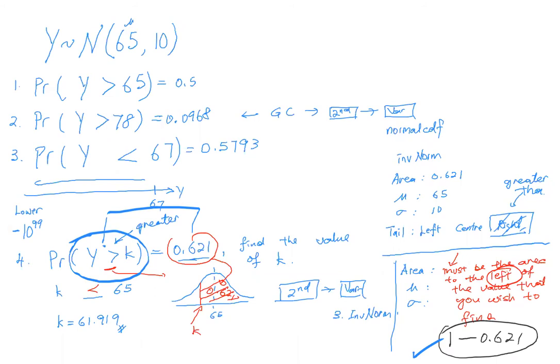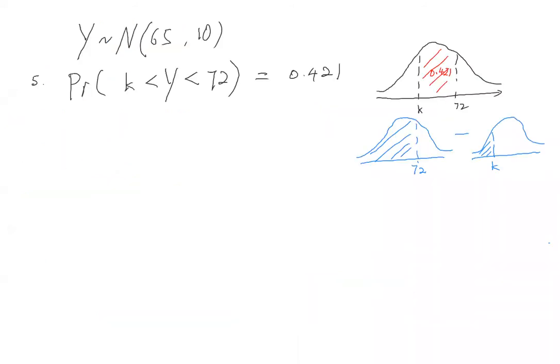Okay. So now, how are you going to write this in equation form? So can I say this is probability of y less than 72, take away probability of y less than k, is equal to 0.421. So can you find this value from your GC?